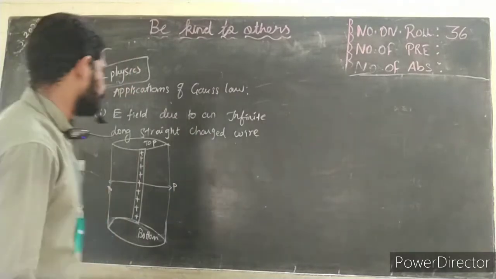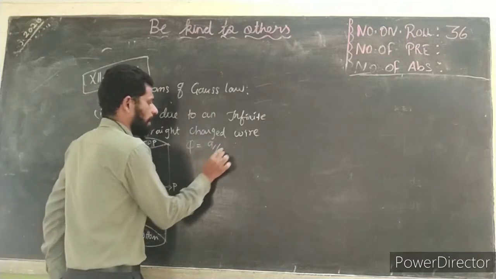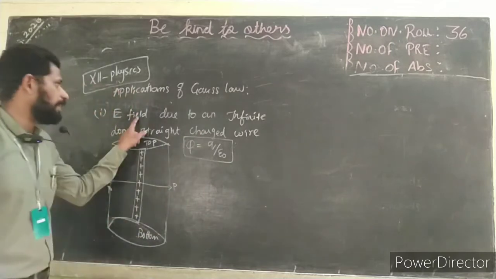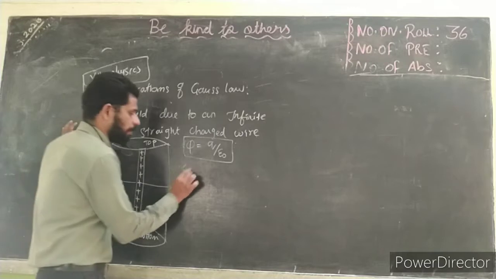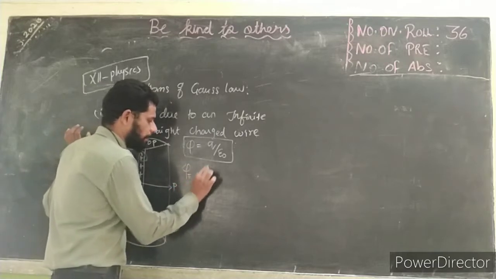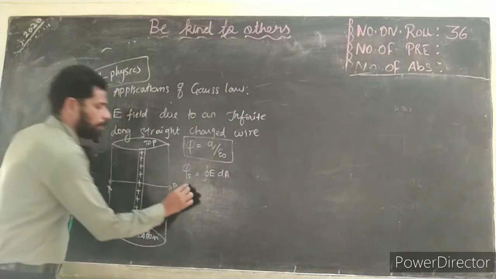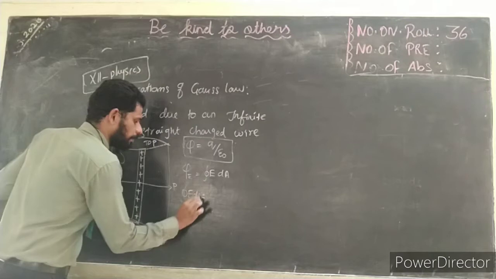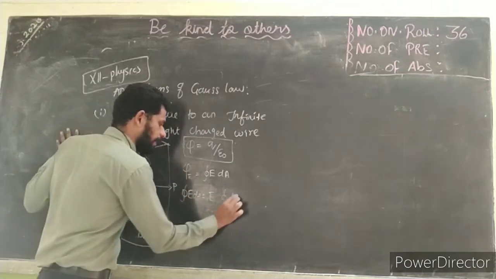Now listen. We have to prove phi equal to Q by epsilon naught. From the Gauss law, we have to find the electric field due to an infinite long straight charged wire. So first we have to find phi. Phi will be equal to integral over E dA. E is a constant, take it outside, integral over dA.